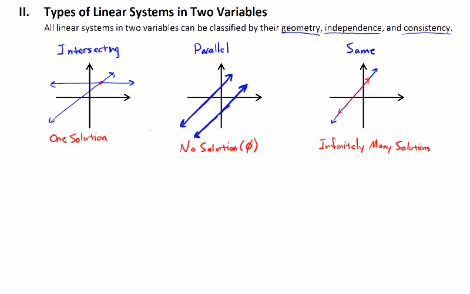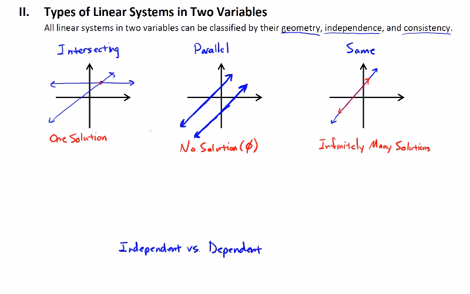Now, the next thing I want to do is classify these by independence. So with independence, you have one of two vocabulary words to work with, either the word independent or the word dependent.